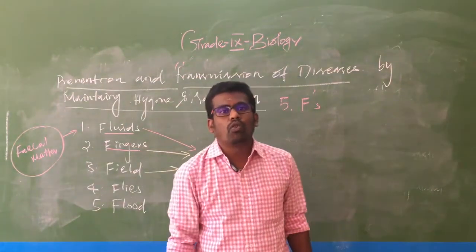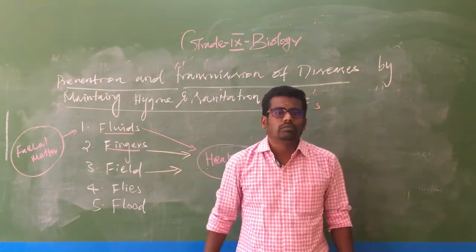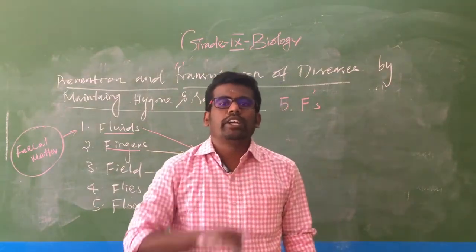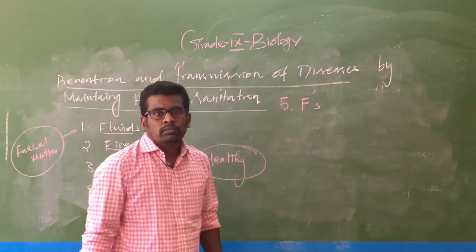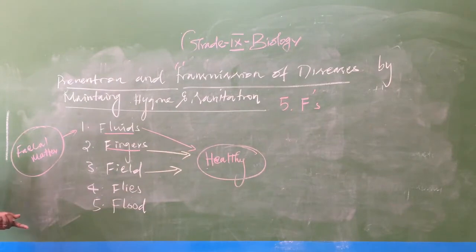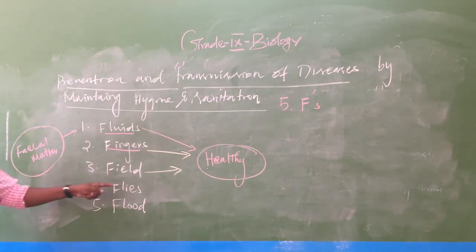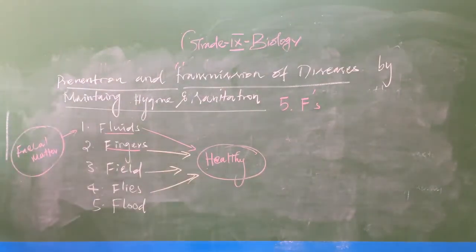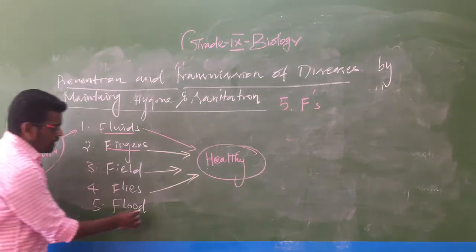When we cook food, it should be covered. When it is used, then you open the vessel, otherwise it should be covered. And often we have to clean our vessels or areas so we can control the flies. That is sanitation. And finally, flood.